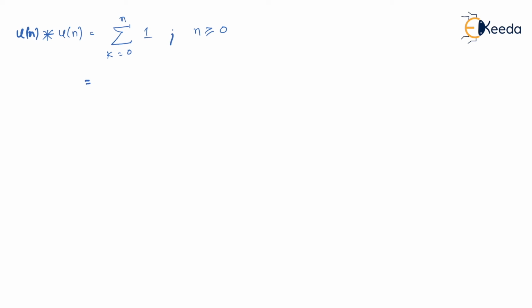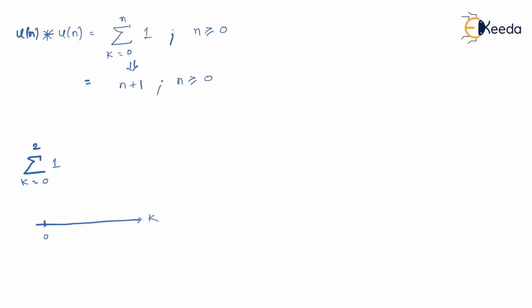Now I can rewrite this, by the standard formula, as n plus 1 when n is greater than or equal to 0. Now the question is, how come this is n plus 1? Suppose we have some summation, let's say k equal to 0 to 2, of 1. What does that mean? k is a scale.